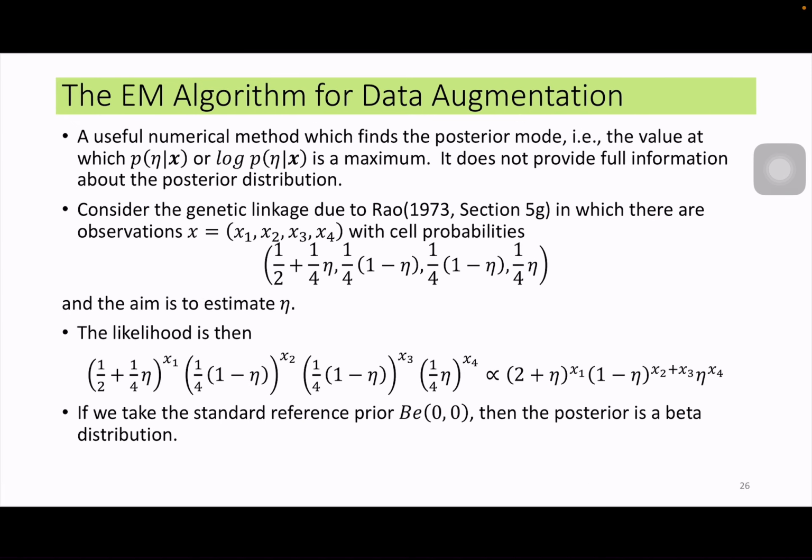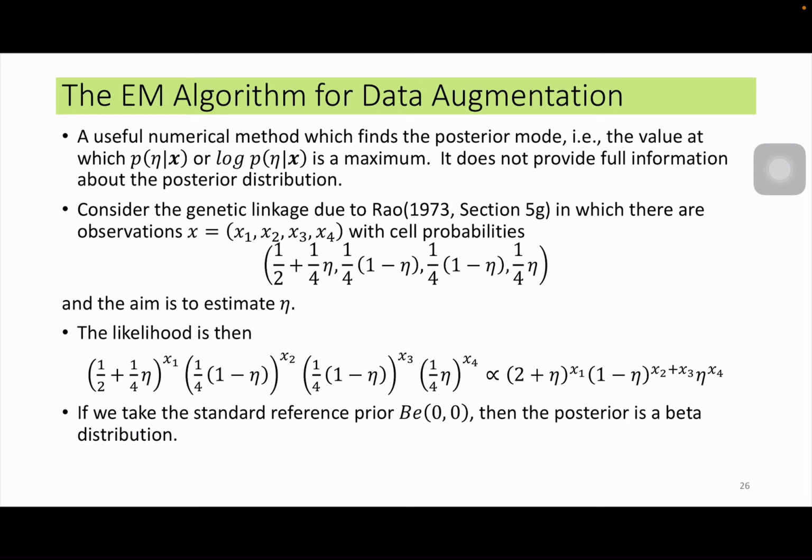The EM algorithm for data augmentation uses numerical methods which find the posterior mode, where the value of the probability of n given x, or log p of n given x, is a maximum. It does not provide full information for the posterior distribution.